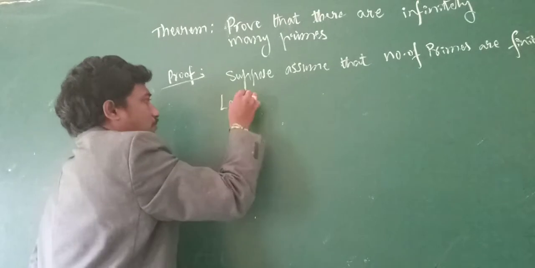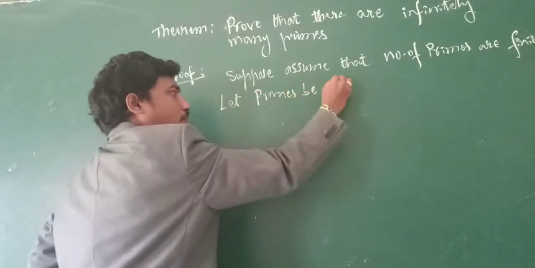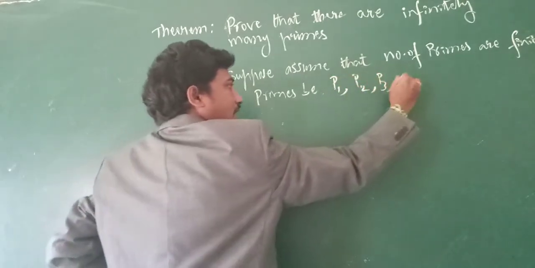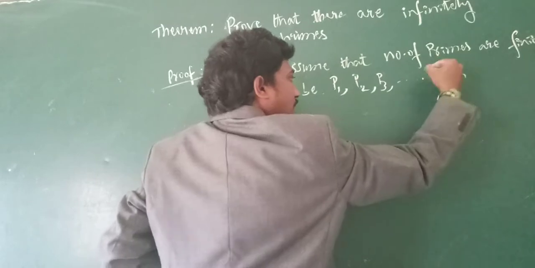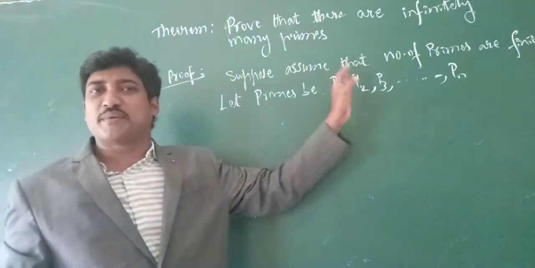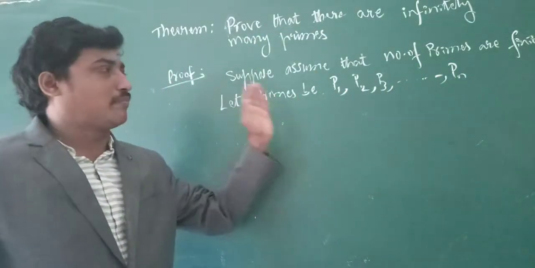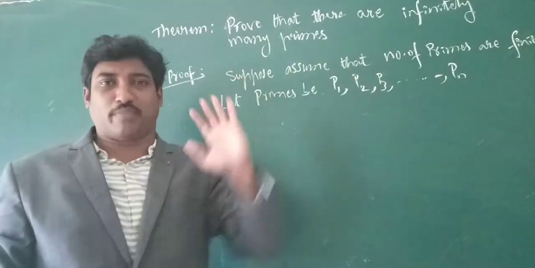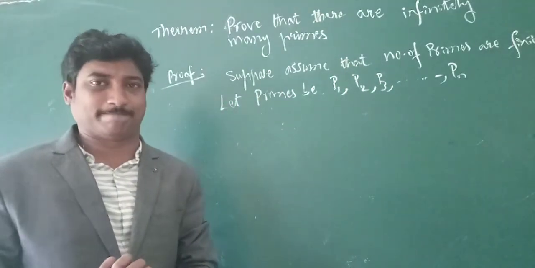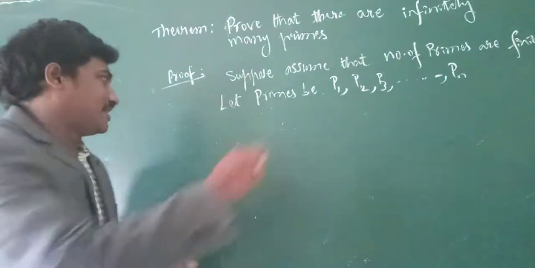Let those primes be P1, P2, P3 and so on Pn. There are only prime numbers up to Pn.